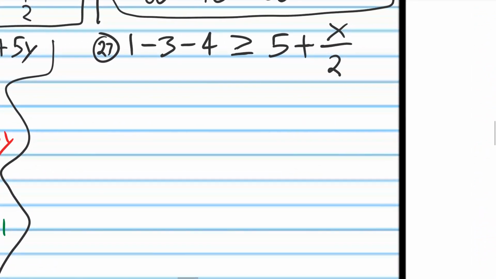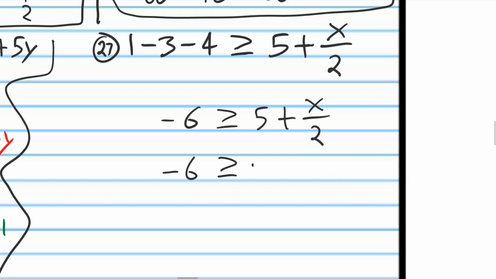All right, we're back. 1 minus 3 is -2, and -2 minus 4 is -6. Subtract 5 from both sides.